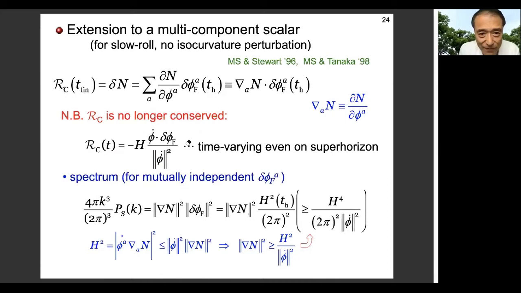This is a very important property, and it is the reason why delta N becomes so useful in the case of a multi-component scalar field. In that case, delta N tells you that you only need to know the background equations.